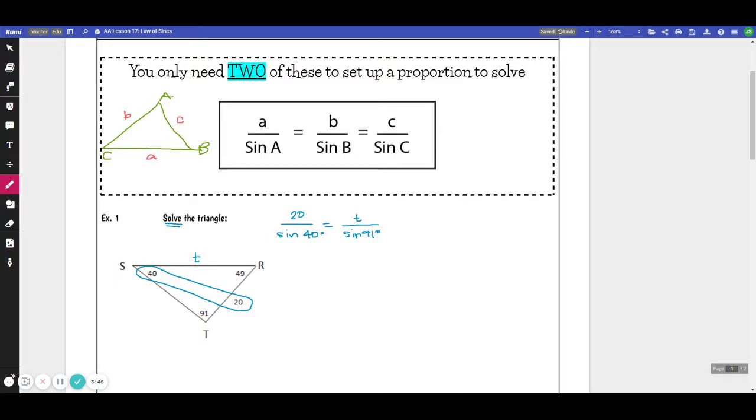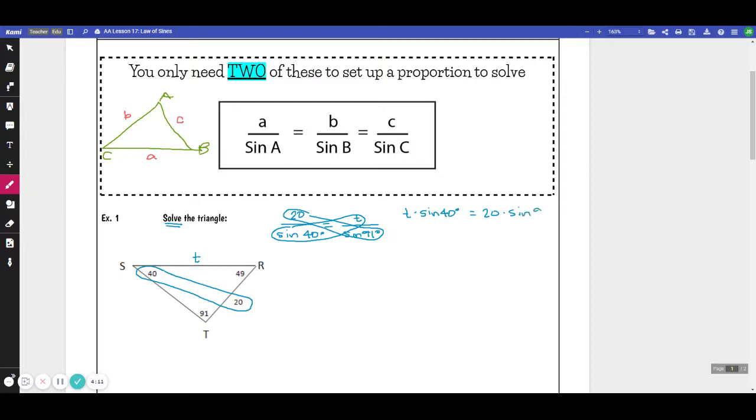When we have two equal fractions, we can cross multiply. That means if I multiply the two diagonals, this diagonal is t times sine of 40, and it is equal to the other diagonal, 20 times sine of 91.